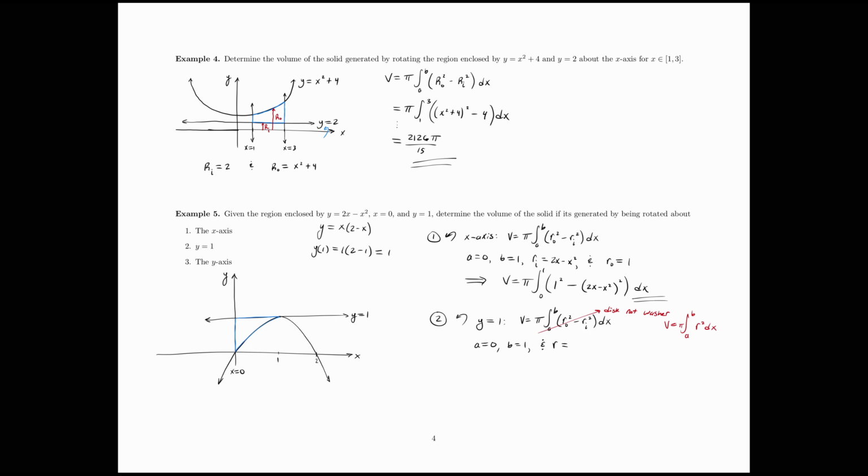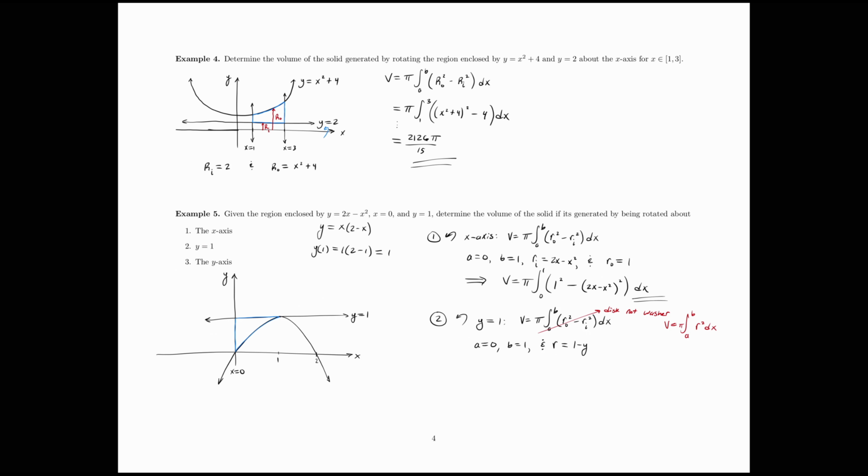Well, we know that this full distance is 1, and we know that this distance here is just the y value since it's tethered to the x-axis. So this distance here must be the big distance minus the little distance. So there should be 1 minus y.